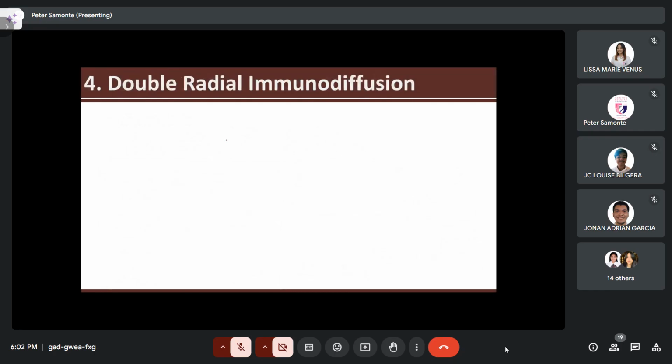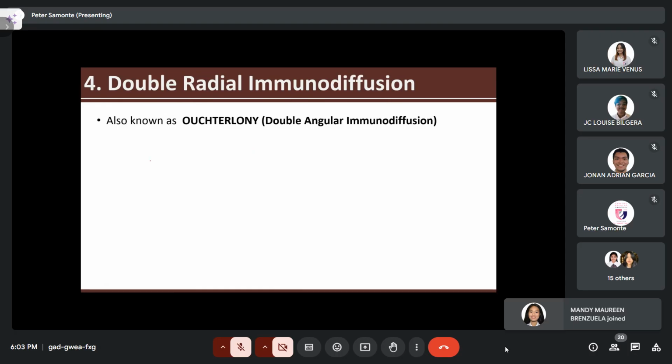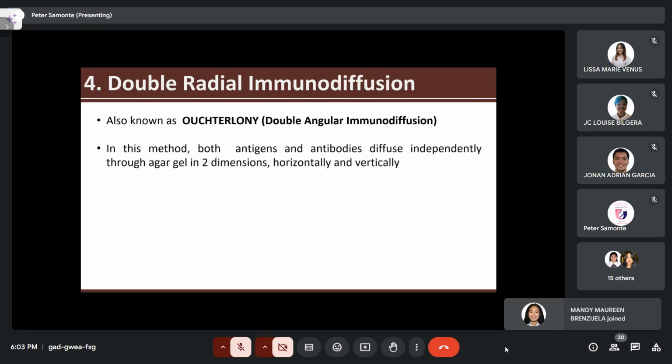Then we have your double radial immunodiffusion technique. Now this is also known as your Auchterlonie double angular immunodiffusion. In this method, class, both antigens and antibodies would diffuse independently through agar gel in two dimensions, horizontally and vertically. Take note of that, class.